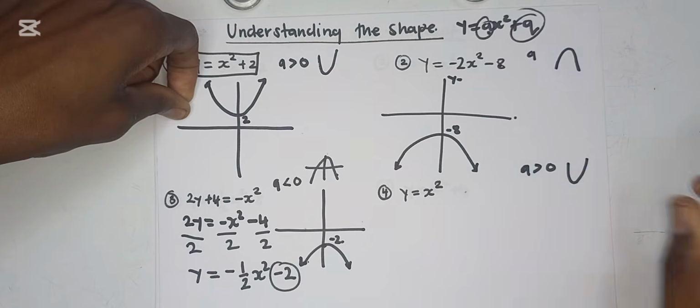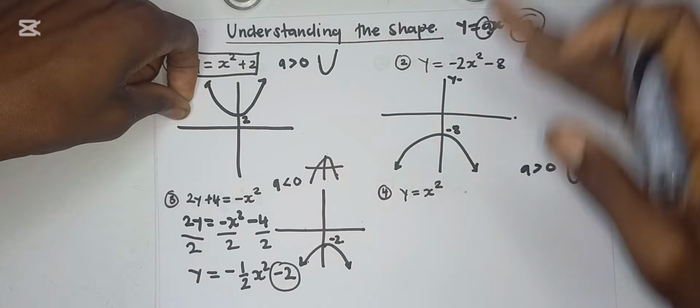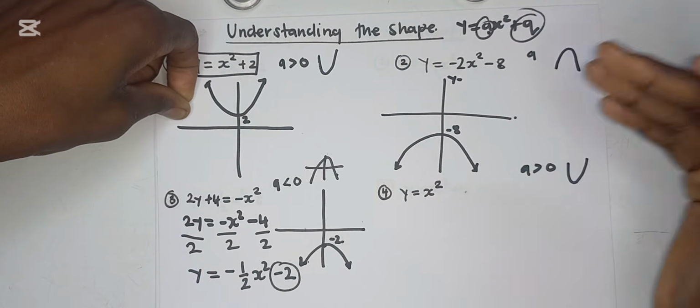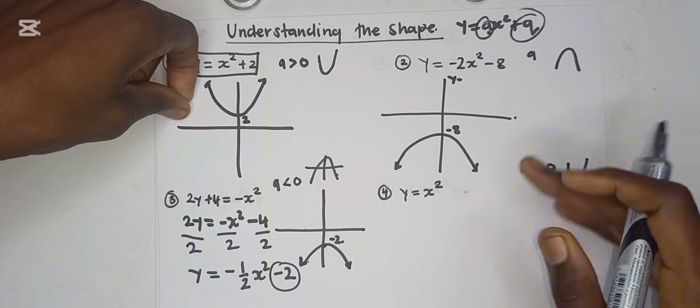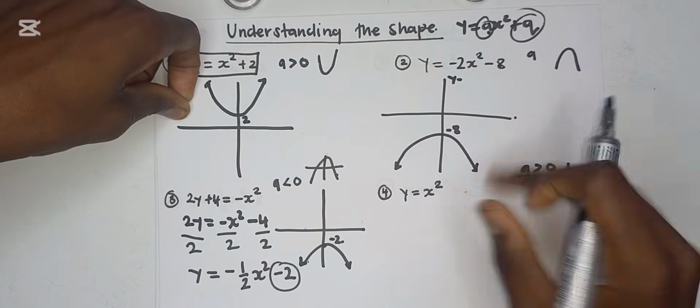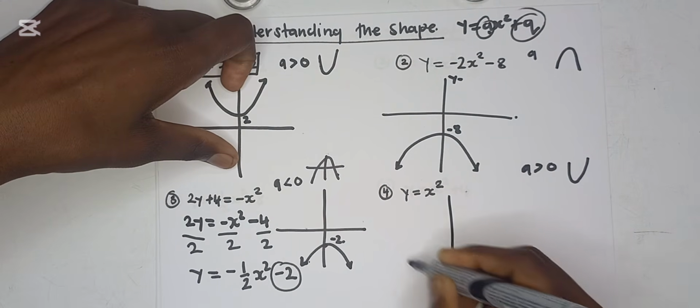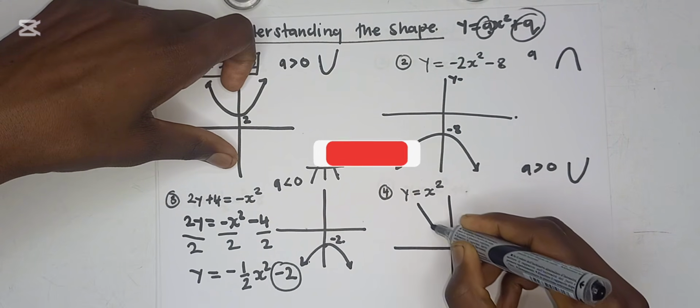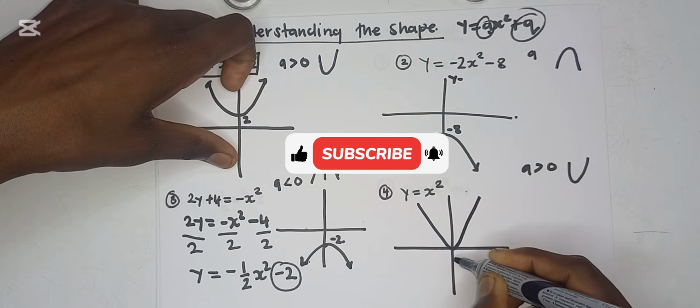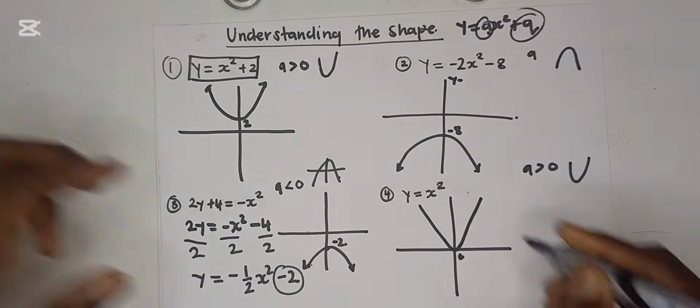It means that it is on the origin and does not move up and down. So this one is going to be something like this, going here on the origin at 0, so we don't have to write it here.